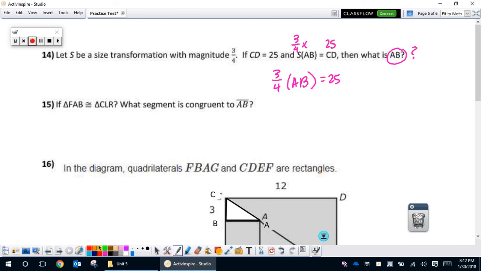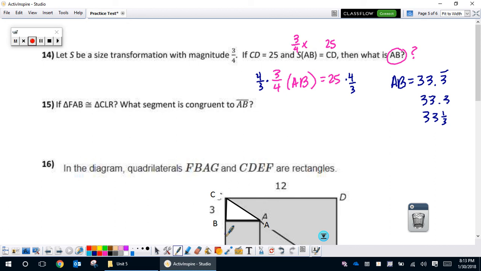So to get rid of that 3/4, you just multiply by its reciprocal. So times 4 over 3. So 25 times 4 divided by 3. Ugh, ugly number, but we're going to round it to the nearest tenth. Or you could write it like this. All of these would be accepted on your test.